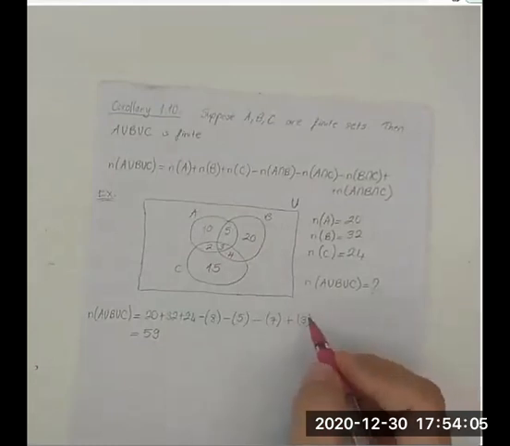That's why I'm subtracting A intersect B, A intersect C, B intersect C. Then I'm adding that 3 because I subtracted it more than once from the whole set. Then I will get 59. If you add those numbers, you will see the result.